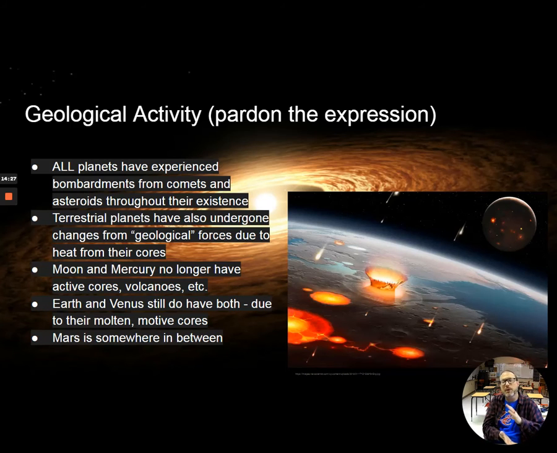But again, because Mars was so much smaller than Venus and the Earth, it's thought that its core cooled and stopped moving, which would have then gotten rid of any kind of magnetosphere and any kind of protection from the sun. As a result, Mars today does not have very much of an atmosphere at all. There's no liquid water on the surface because there's no atmosphere to give it pressure enough to stay liquid, so any water just evaporates off, aside from some which is possibly frozen at the poles.